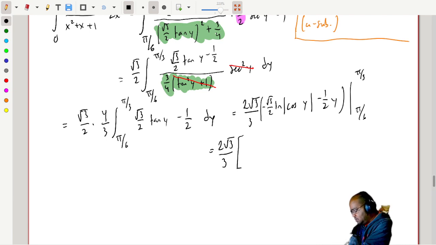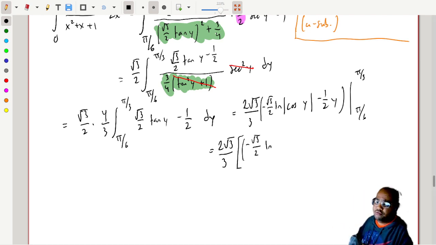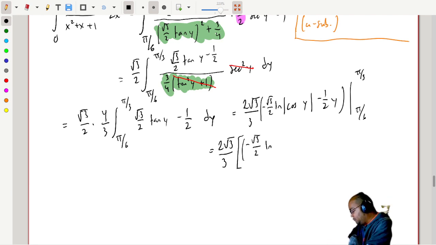So I'll just show these evaluations here. So we have plugging in pi over 3, okay? Log of, well, what's the cosine of pi over 3? Again, use your unit circle. The cosine of pi over 3 is 1/2. Okay, and then I have minus half of pi over 3, so I'll get a pi over 6.